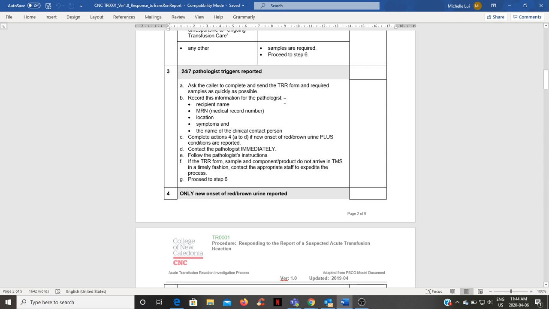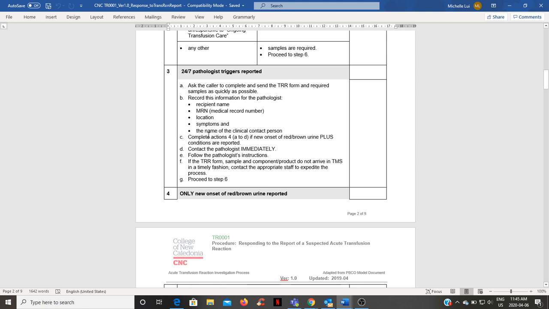Record information for the pathologist. So you could do this while you're on the phone, right? Say, oh, you're reporting a transfusion reaction. Here's what I need. The recipient name, identification, where are you, which ward is this on, what kind of symptoms, and who is your contact person for this case on that ward.